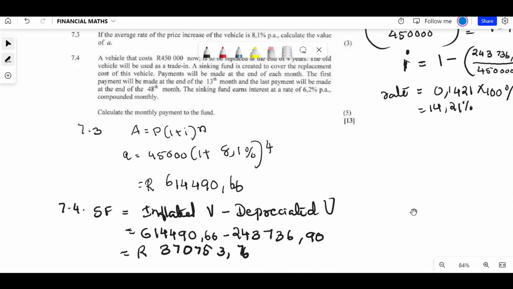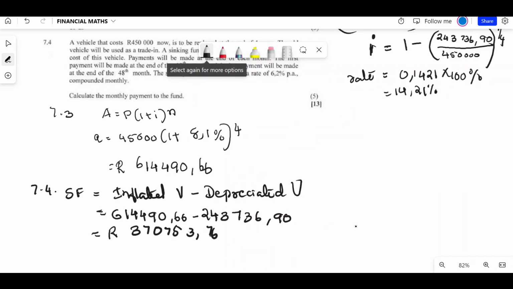Okay. So this is, as I told you, a future value formula. All sinking fund problems are future value formula. In future value formula, all that is important is the n. Here the question says the first payment starts on the 13th month, that means T13 on the timeline.